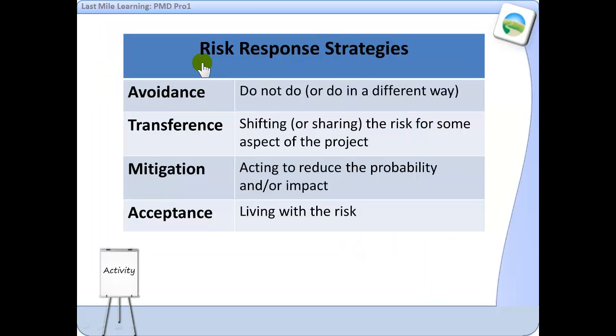So once you have identified your risks, then you need to think about what type of response strategy we want to have for managing this risk. And the PMD Pro guide mentions 4 of them: avoidance, transference, mitigation, and acceptance. So just make sure you're familiar with those.